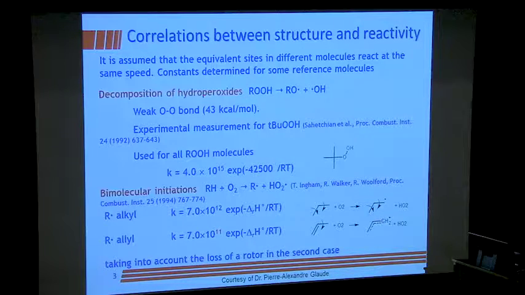What about bimolecular initiation reactions? There's a good paper here I recommend you look at. I've included the citations throughout. If you look at fuel plus O2 giving you an alkyl radical, here's Ray Walker again.